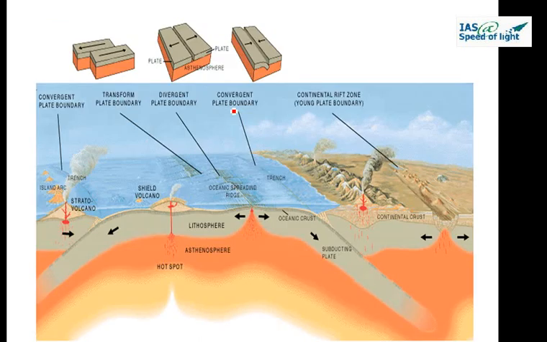So in this figure we can explain different phenomena. This is the trench, the deepest point in the ocean, where the oceanic crust is subducting under the continental plate. Then we see the subduction of two oceanic plates, leading to volcanic island arcs. Then there is seafloor spreading, which happens when two oceanic crusts go away from each other.